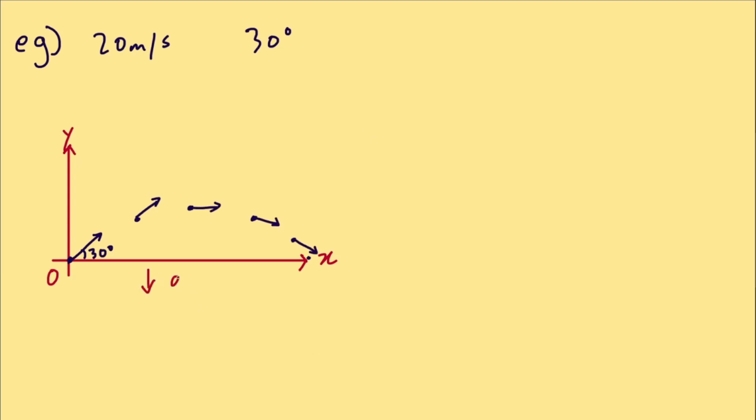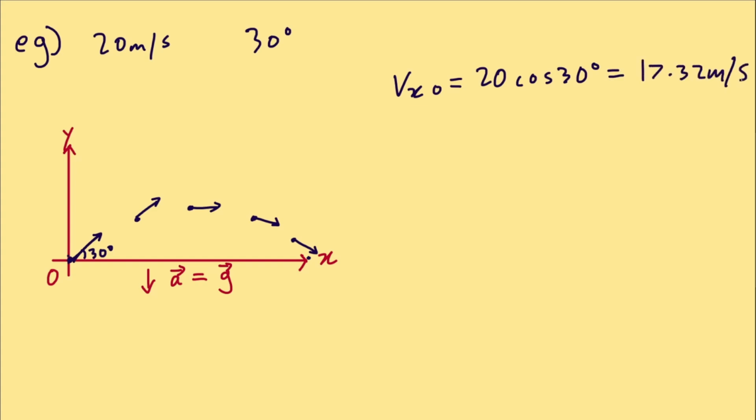Of course, we also have the acceleration being gravity. Okay, step 1, we're going to resolve the initial velocity into its components, so the y component and the x component. The x component, so the horizontal velocity initially, is given by 20 times cosine 30, which is roughly 17.32 meters per second.